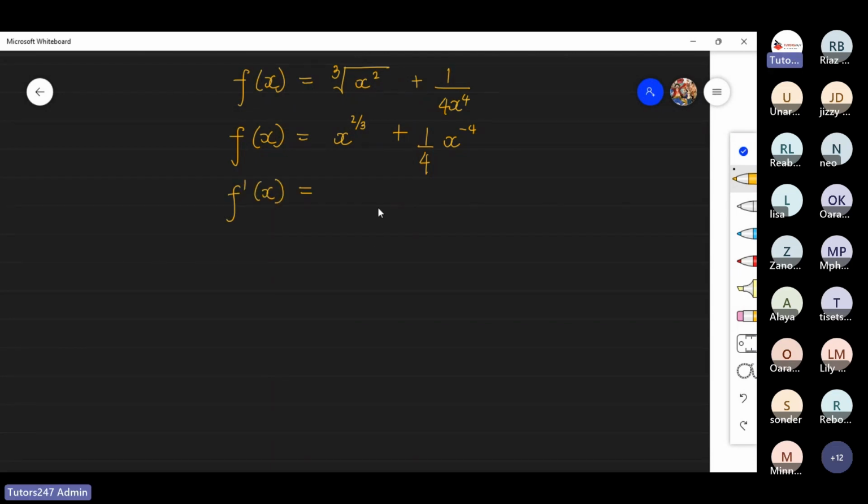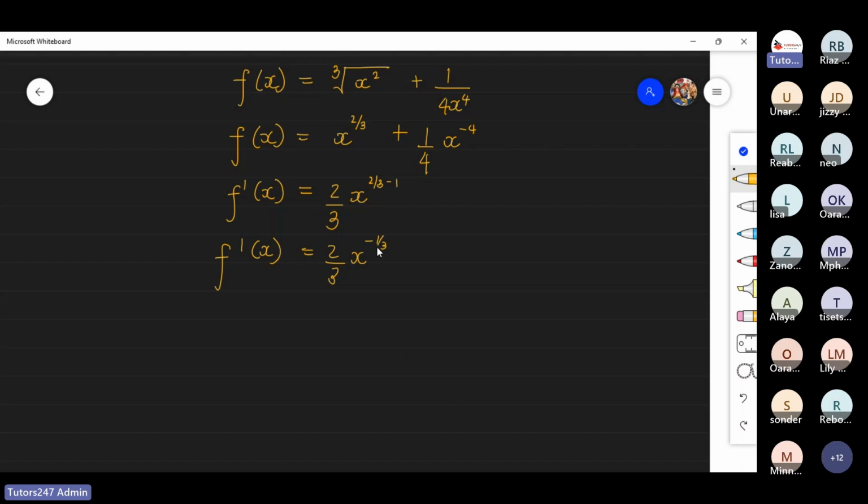Now, same rules as before. We're going to multiply the exponent, which is 2 over 3, times the coefficient, which is 1, and that gives us 2 over 3. Next, we subtract 1 from the exponent, and that is then going to give us 2 over 3 x to the power negative 1 over 3.